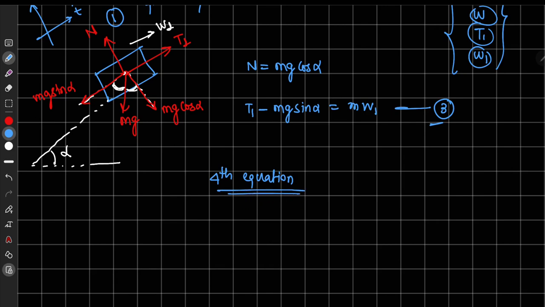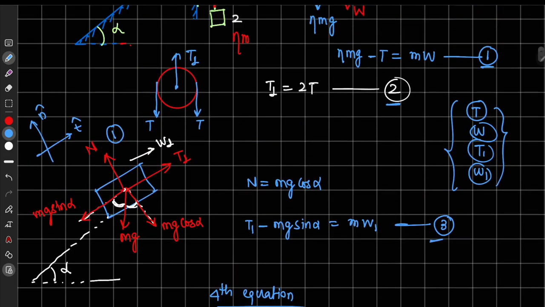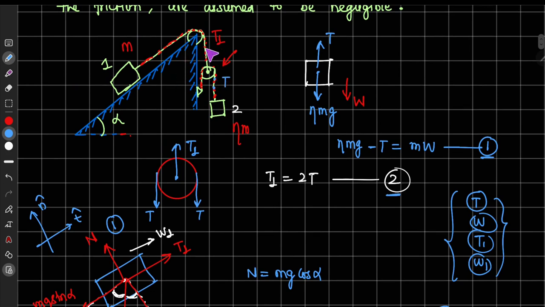For that, what we can do, we will say that the work done by all the internal forces is equal to 0. And in this particular case, we are having only internal forces, that is tension force.